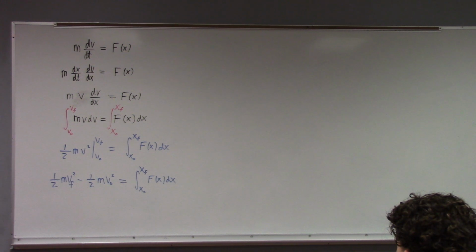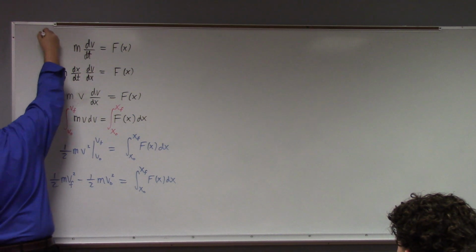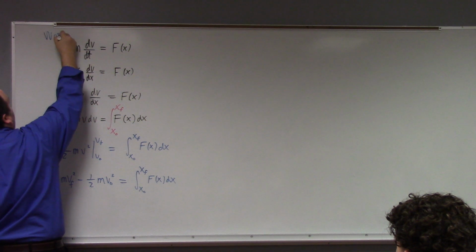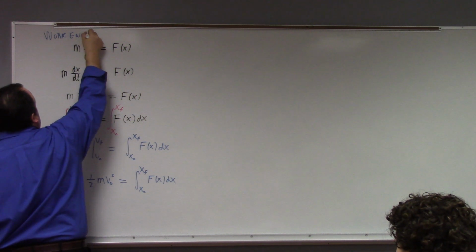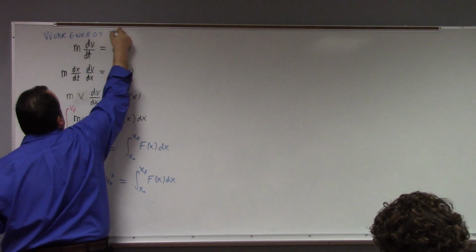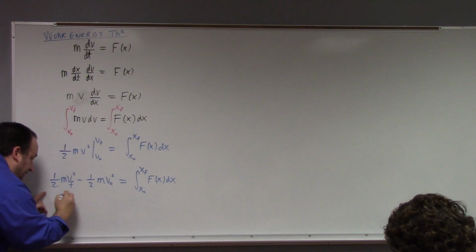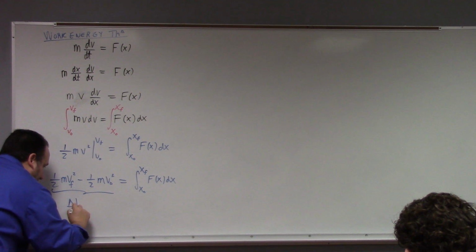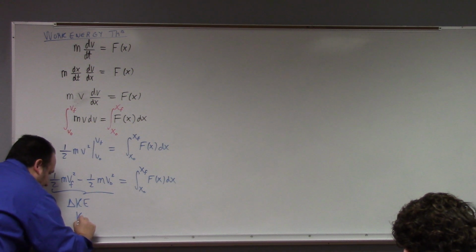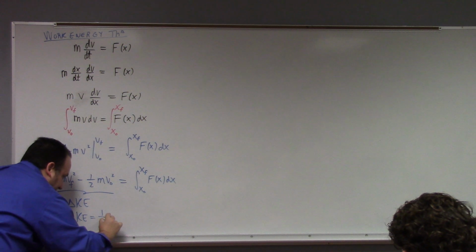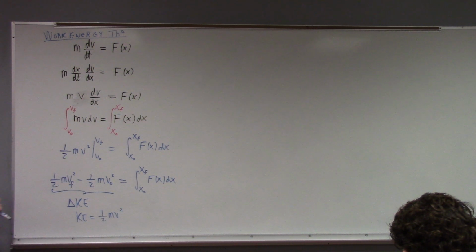But what this is, is the work-energy theorem for one dimension. See, what this says is, this is the change in kinetic energy. Kinetic energy is 1/2 mv squared, yeah? We all agree with that.